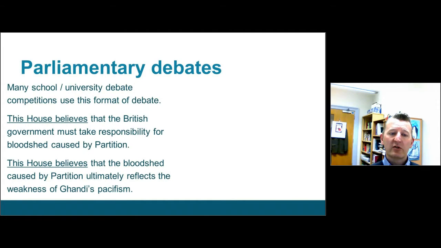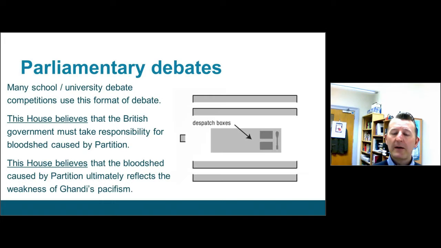So these are often referred to as parliamentary debates, and they'd start with a motion, "this house believes," and if we're using the example that we were drawing on in the first part of the lecture, we could have a motion that says "this house believes the British government has to take responsibility for the bloodshed caused by partition," but we might have a completely different motion that the bloodshed caused by partition ultimately reflects the weakness of Gandhi's pacifism. So there are all sorts of different interpretations we can put into this kind of motion.